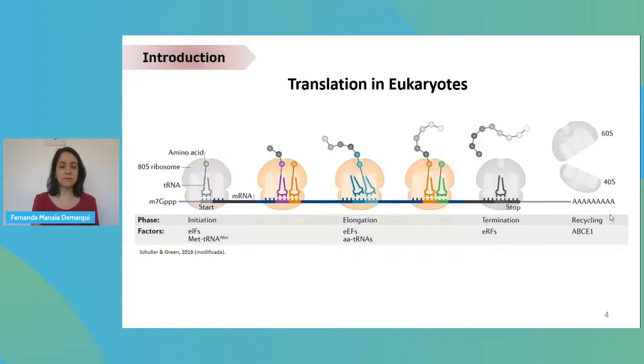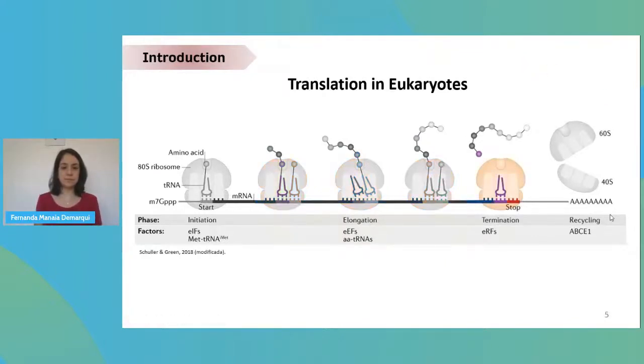Moving on to translation elongation, in which the synthesis of the polypeptide chain occurs, coordinated by elongation factors that facilitate the binding of aminoacyl tRNAs at the A site in a codon-dependent manner, while the tRNA at the A site is translocated to the P site, forming a hybrid state in relation to the ribosome subunits, with the concomitant ribosome translocation along the mRNA.